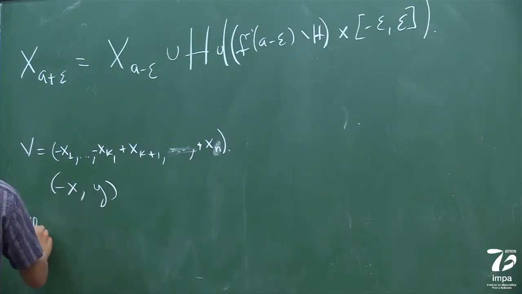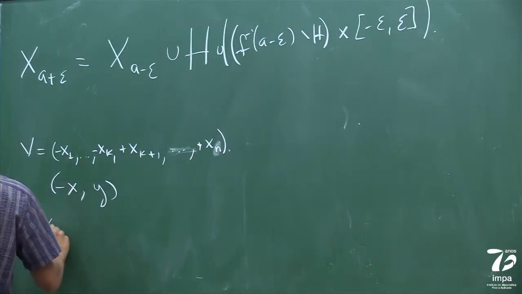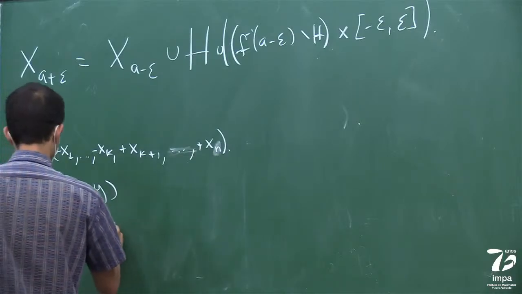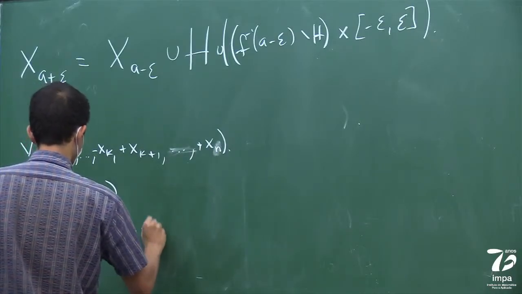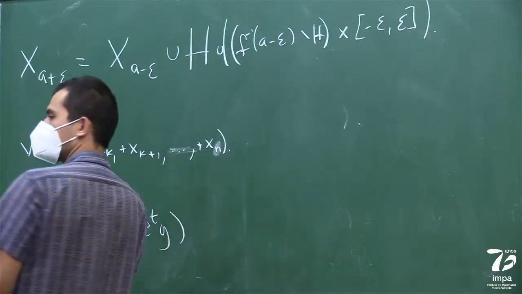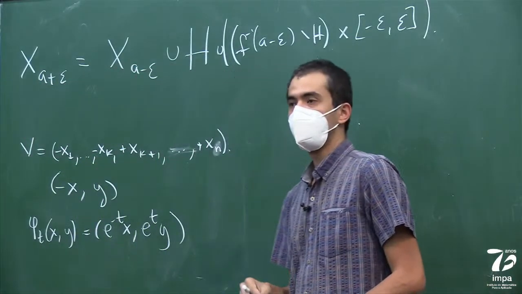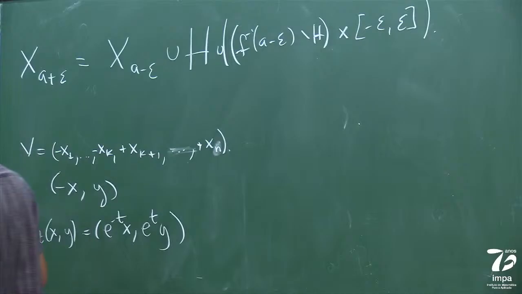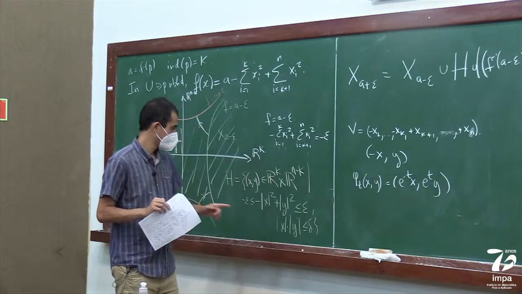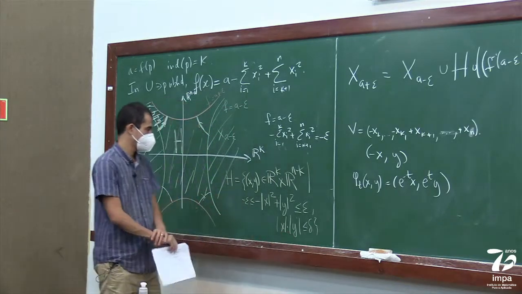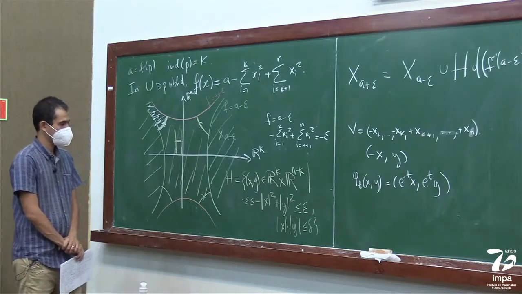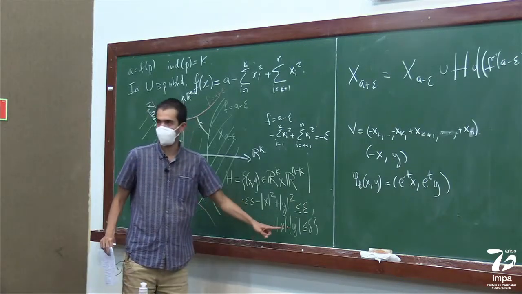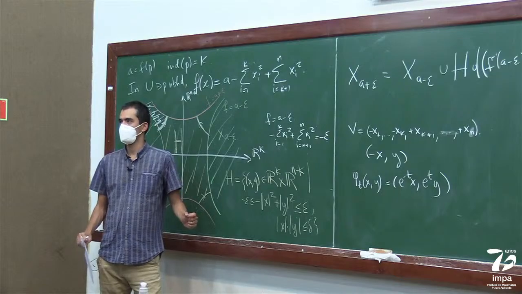So the flow is going to be e^{-t}x and e^{t}y. So in particular, it's going to preserve this norm and this norm. It's going to preserve the product of these norms.